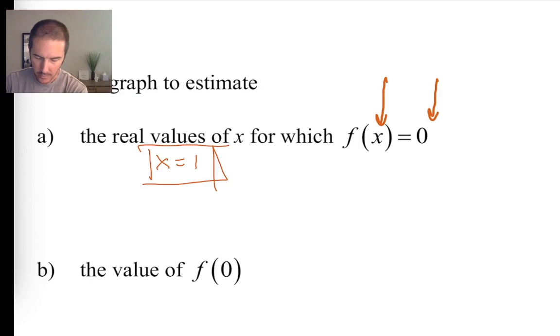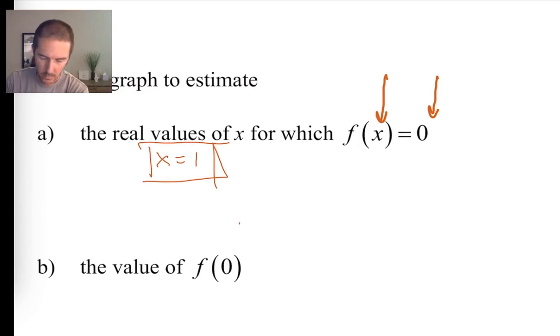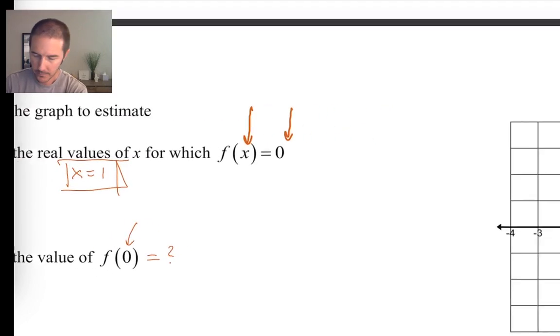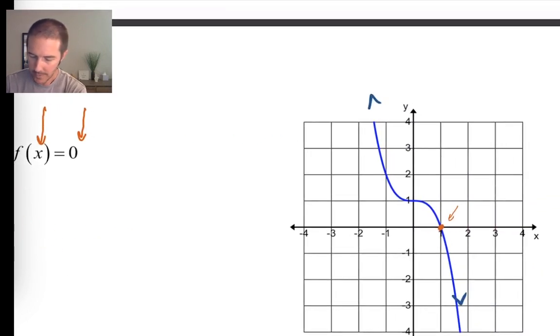Now here, the value of f of 0 we're being asked for in part B. We know that the input, the x value, is a 0, and we want to know what's the output value. With an input value of 0, I need to find a point on my curve that has an x coordinate of 0. On the x-axis, here's the x value of 0, so we go up or down to get to our function.